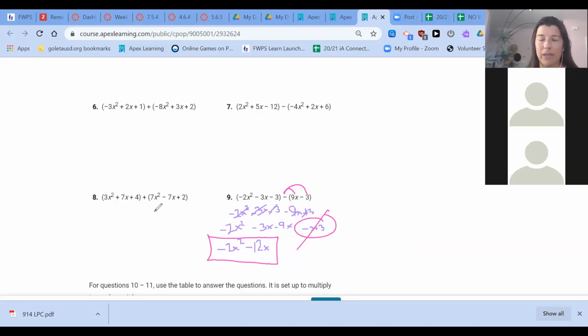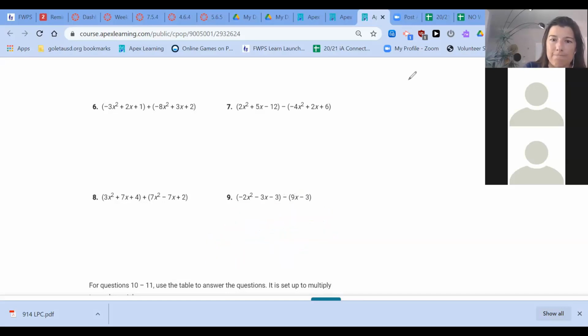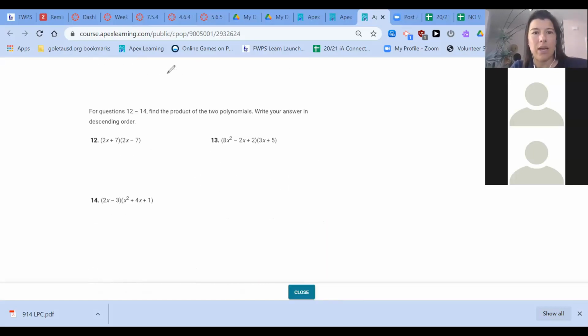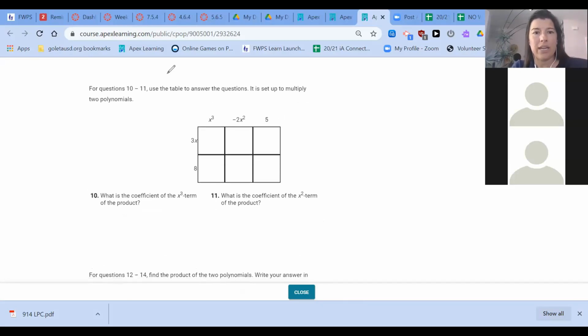All right. Now I think the next is review on some multiplication of polynomials. Okay, yes. All right, let's look at number 10. So this is the box method we talked about last time. The table's already set up for us.